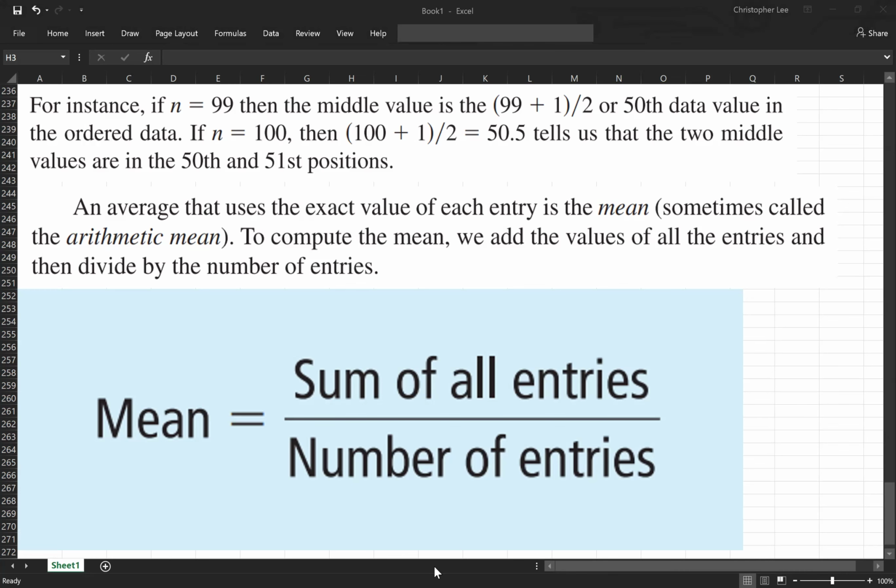I want to point out on your formula sheet, chapter 3, at the very top, it says sample mean. That's what this is, but it's in English. Where it says x bar is equal to sum of x divided by n, this is what it means. It's the sum of all the entries divided by the number of entries, or the count of the entries.